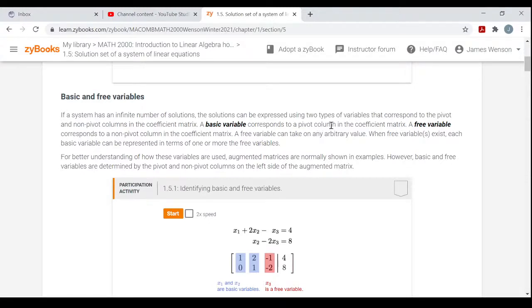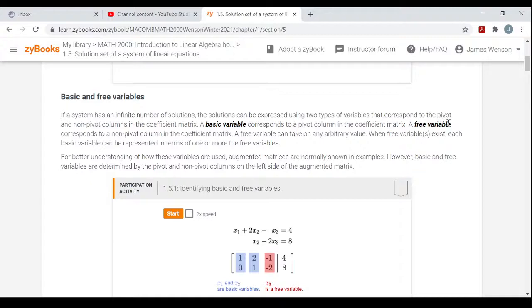Now remember, you only have pivots when your matrix is in echelon form or reduced echelon form. So once you get your matrix into echelon form or reduced echelon form, a pivot column will correspond to what's called a basic variable.